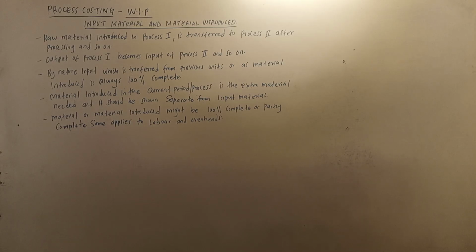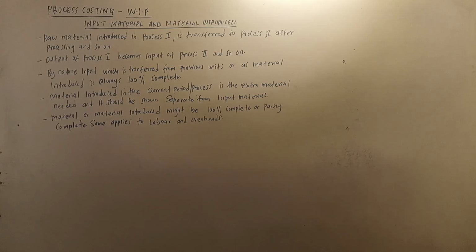Now, input material is the material that is either introduced or transferred from one process to another. Raw material introduced in process 1 automatically will be transferred to process 2 after processing, and it will form the inputs of process 2.